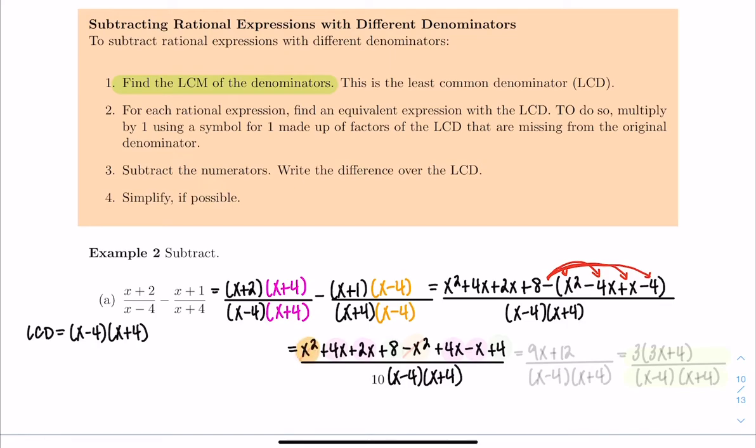So I have x squared and negative x squared, and so those end up canceling. I have 4x and 2x, which is 6x, plus 4x, which is 10x, minus x, which is 9x.